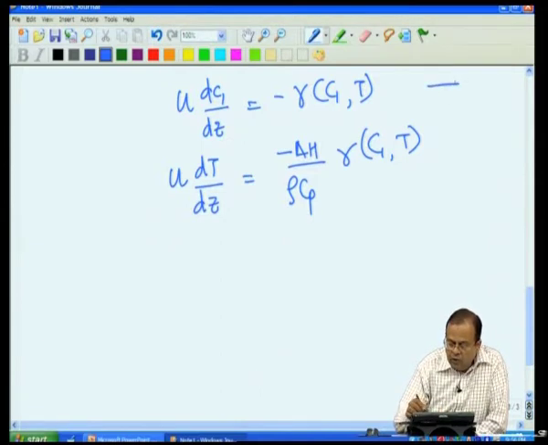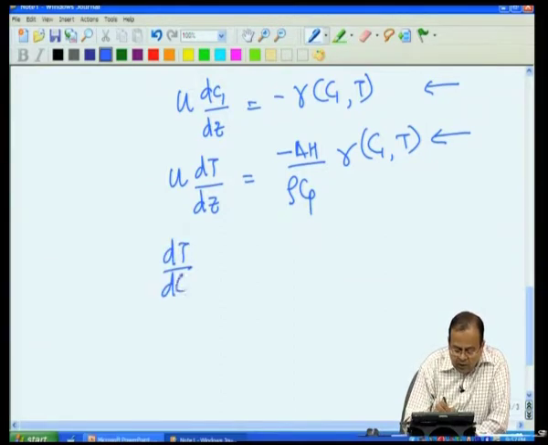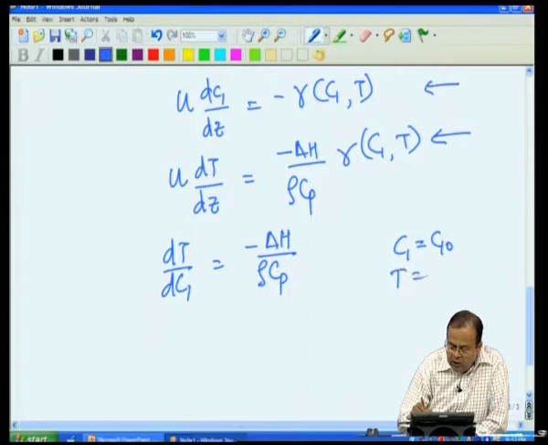So, we have our mass balance, we have our energy balance, and now we can once again combine these and say dT by dC1 from this particular relationship is nothing but delta H by rho Cp, which I can integrate, saying that at the inlet C1 is C10, T is T0.